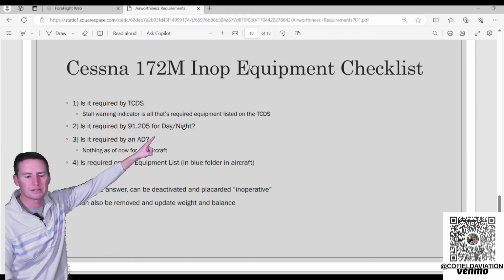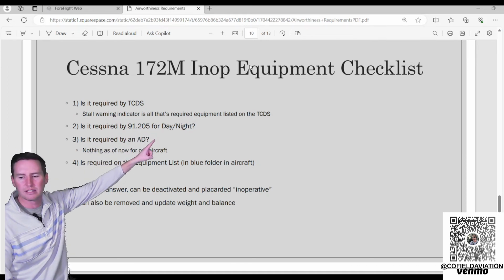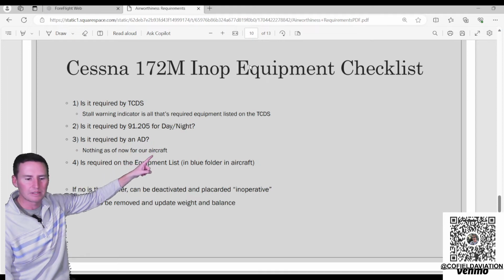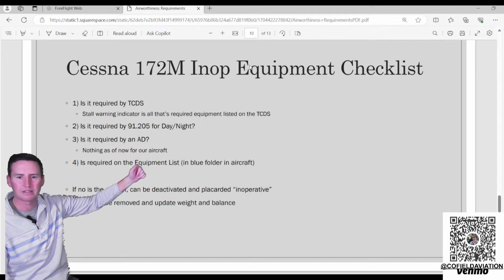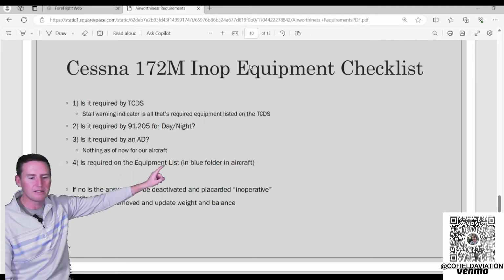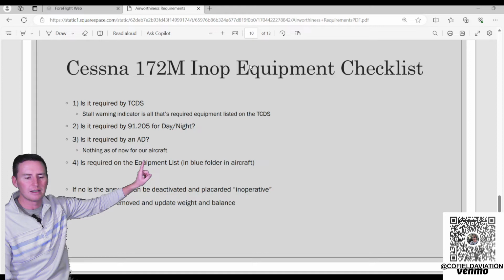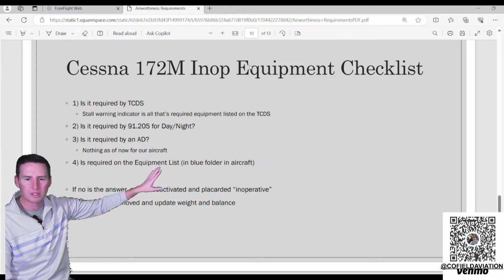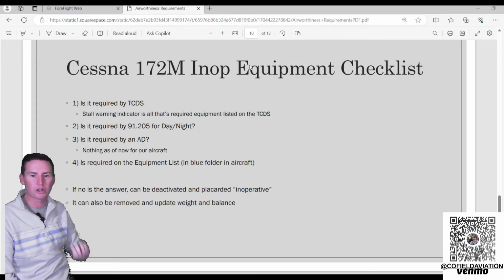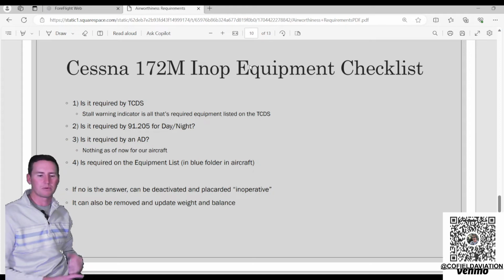The stall warning indicator is all that's required equipment listed there. Is it required by 91.205 for day or night? All right, look up that reg. Is it required by an AD? All right, so nothing as of now. They've all been one-time ADs. We only have two recurring ADs that we talked about on our 172.